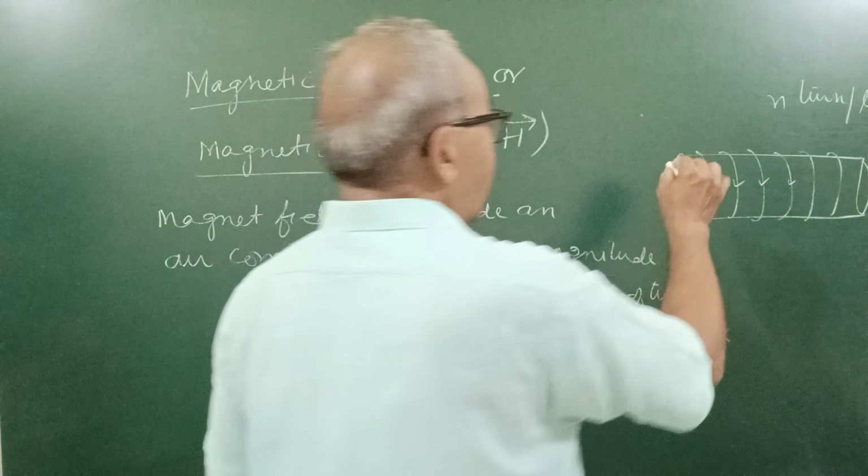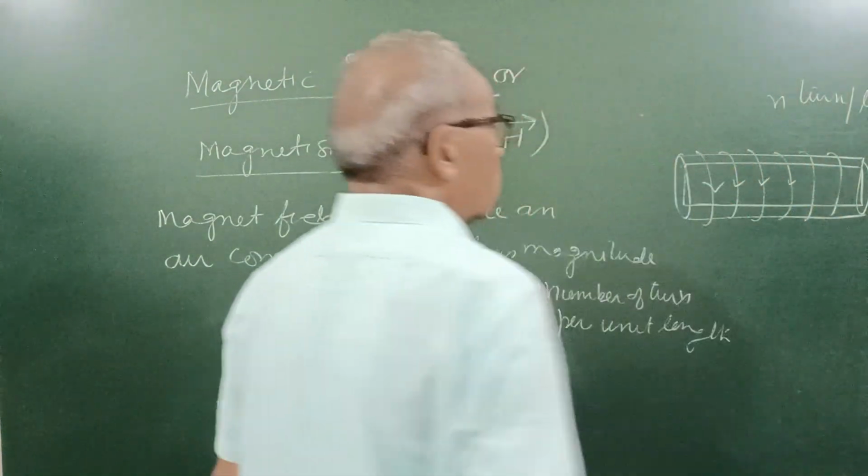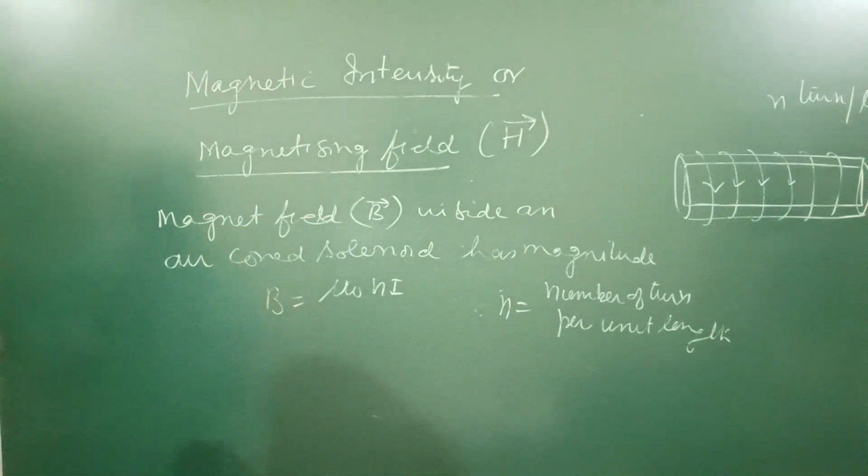But now if we place a magnetic material like iron core, then the core has its own field.